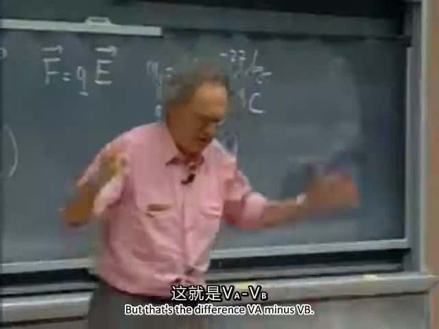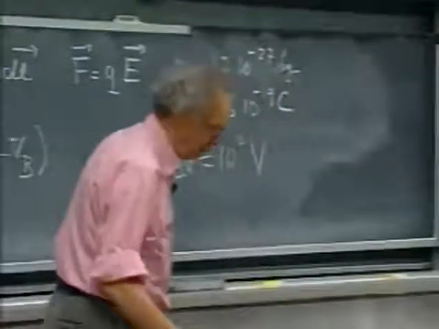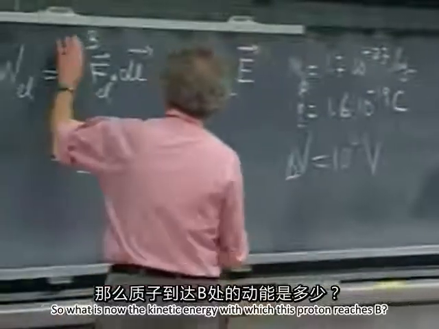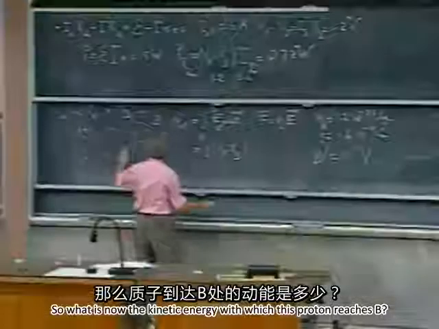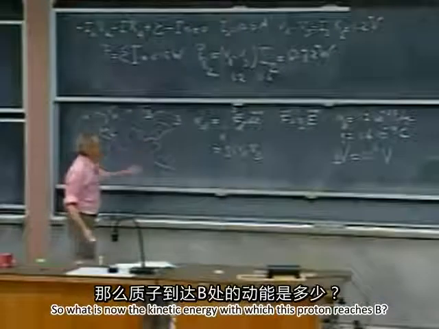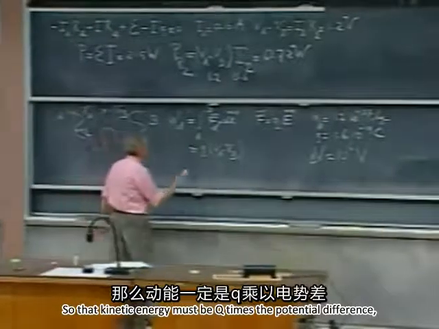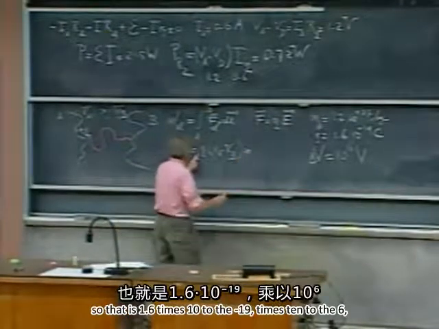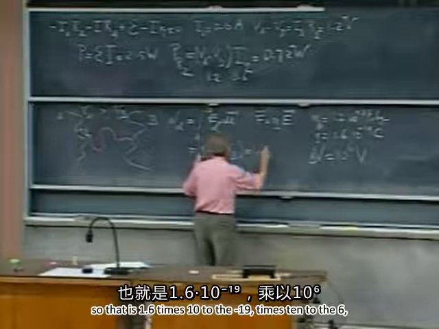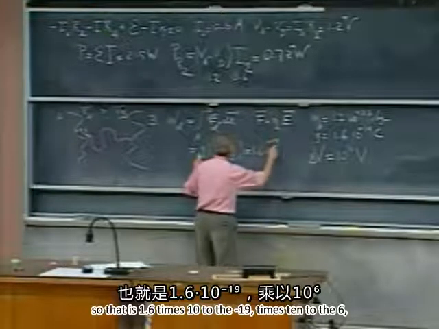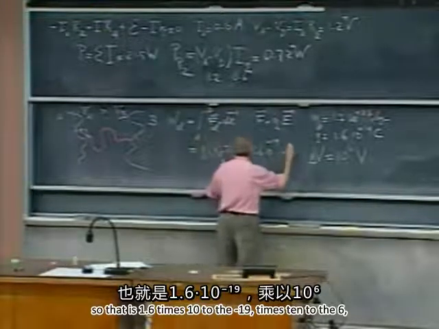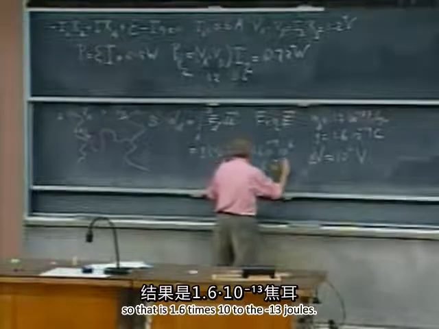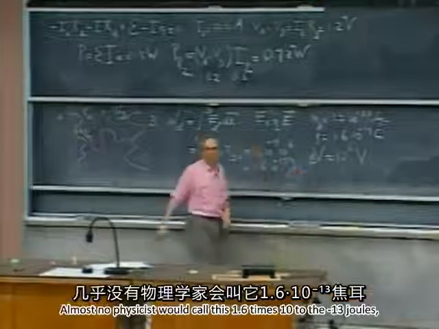But that's the difference VA minus VB. So what is now the kinetic energy with which this proton reaches B? That kinetic energy must be Q times the potential difference. So that is 1.6 times 10 to the minus 19 times 10 to the 6. So that is 1.6 times 10 to the minus 13 joules.